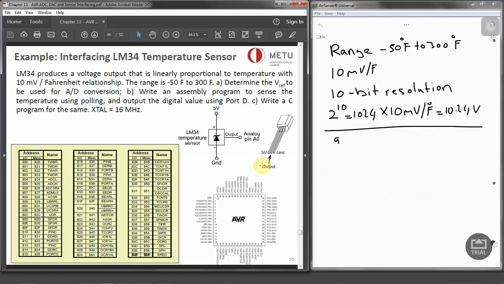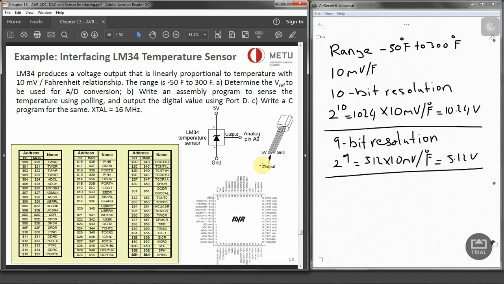Let's check 9-bit. For 9-bit, we need 2 to the power 9, which is 512, times 10 millivolts per degree Fahrenheit, and this will give us 5.12 volts. Again, this is out of the range, larger than 5 volts.